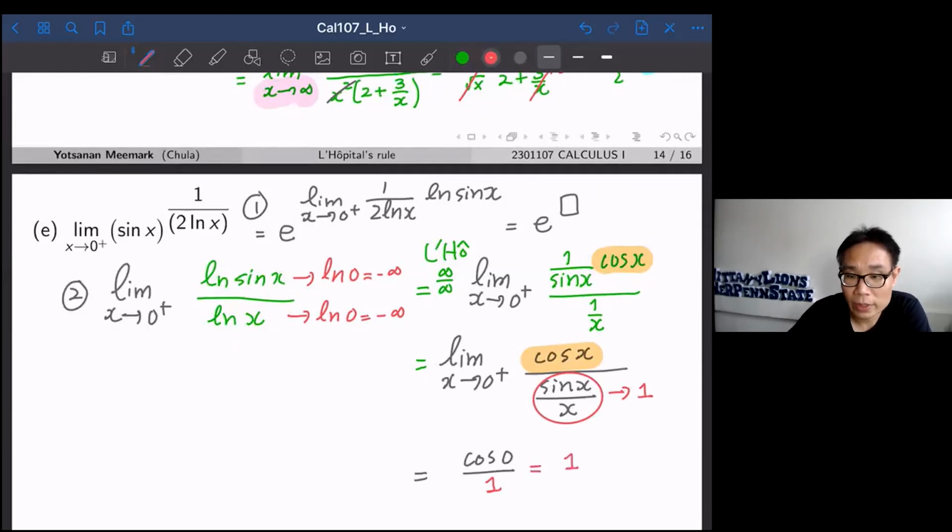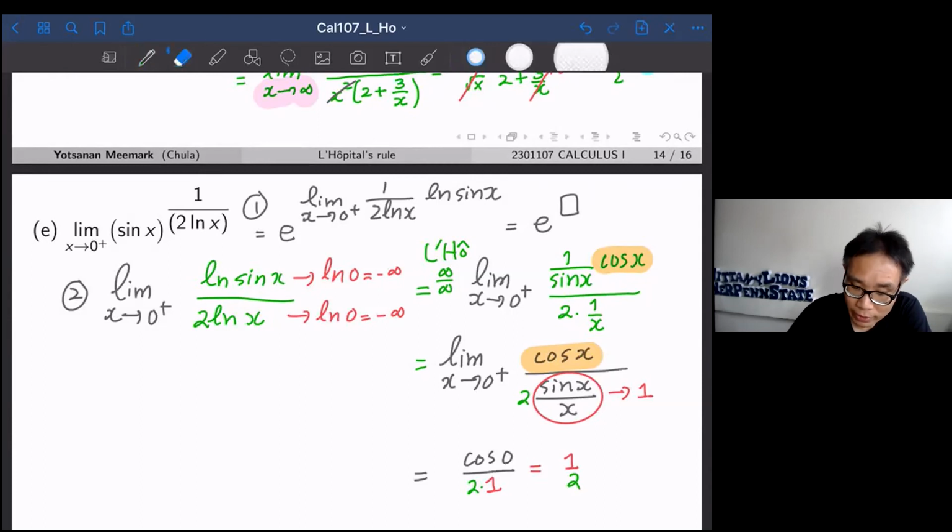Okay, so in this case, I forgot the 2, sorry. I forgot the 2. And then I have 2, so the limit turned out to be 1/2. Okay, so the limit turned out to be 1/2.